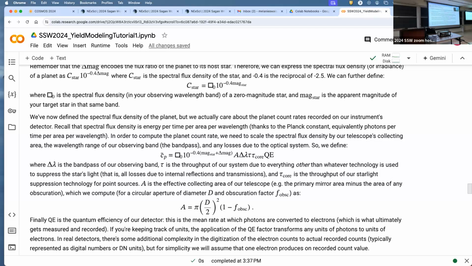We like to separate them for bookkeeping reasons, and because then our coronagraph designers can submit just tau core and it can be used in this calculation. And then the quantum efficiency of the detector. So the Q and the taus, we're really talking about an efficiency here, and so we're going to wrap that up into a single eta further down here at the bottom.